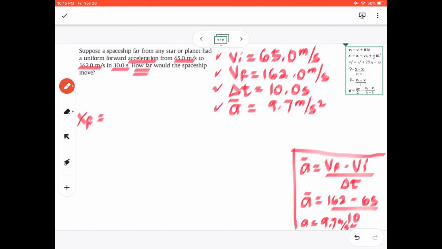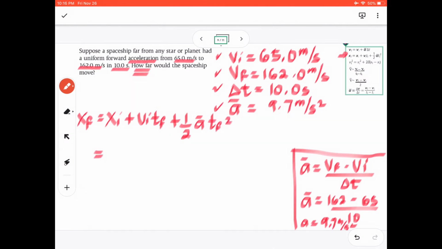The formula that we're going to use is the second formula over here. xf is equal to xi plus Vi multiplied to tf, tf being 10 seconds, still equal to delta t because we started at 0 time. Therefore tf minus ti is equal to 10, plus 1/2 a tf squared.